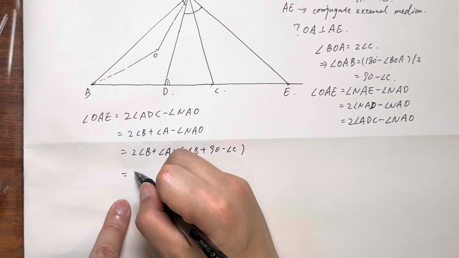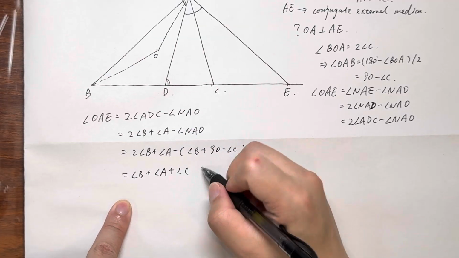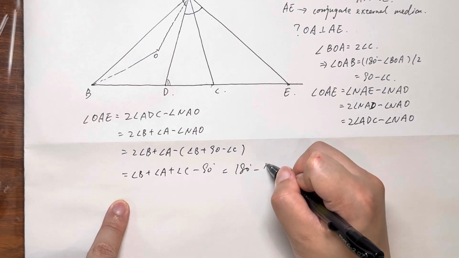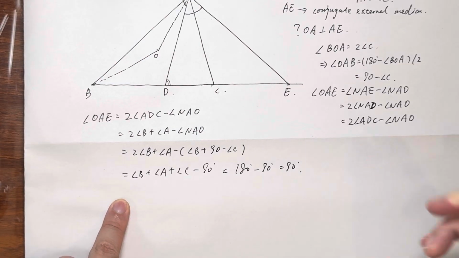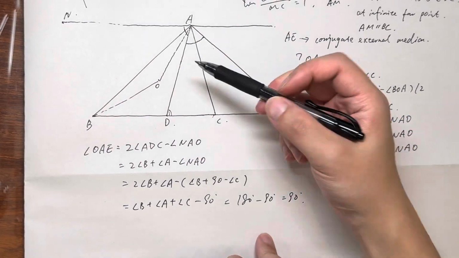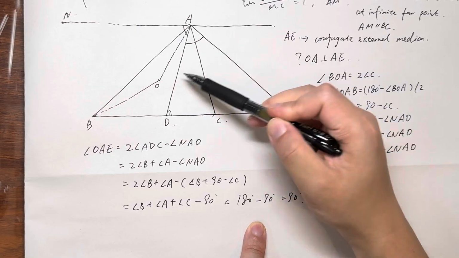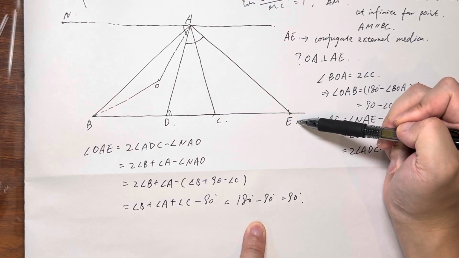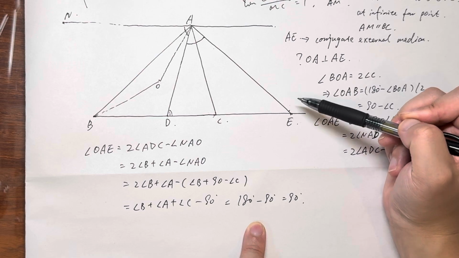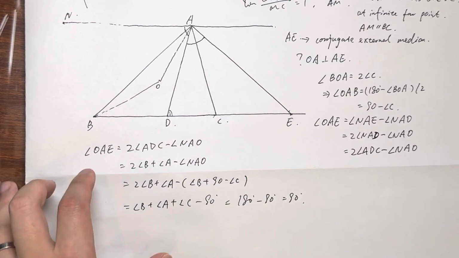We get angle B plus angle A plus angle C minus 90 degrees, which equals 180 degrees minus 90 degrees, which equals 90 degrees. Right, that means angle OAE is 90 degrees, OA is perpendicular to AE, which means AE is the tangent line of the circumcircle of triangle ABC. Okay.